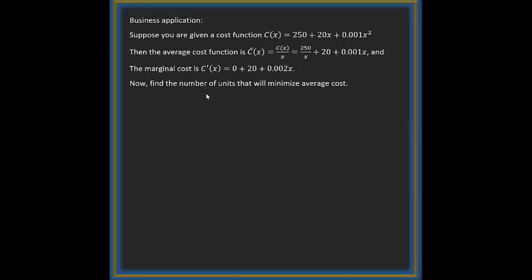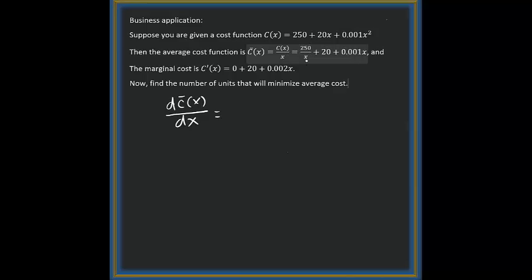Now we are asking, find the number of units that will minimize average cost. So this is our average cost function. We need to find x so that our cost will be minimum. So let us take the derivative of the average cost function with respect to x.